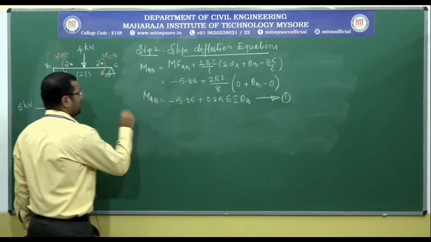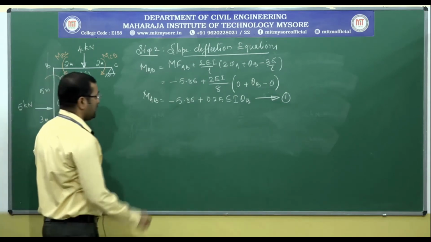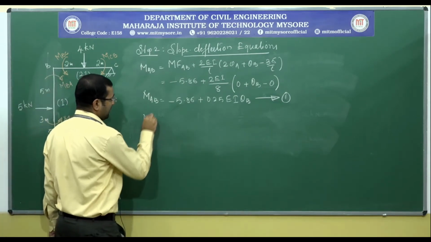Now similarly we have to write one more slope deflection equation to calculate the end moment at B, that is MBA.